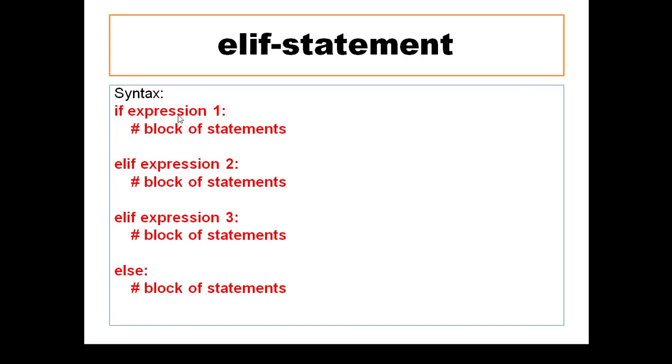So if expression 1, this block of statements; then elif expression 2, meaning condition 2, block of statements; then elif expression 3, this block of statements; then elif 4, 5, or n minus 1, as many elif statements as you want. After that, else, then a block of statements.